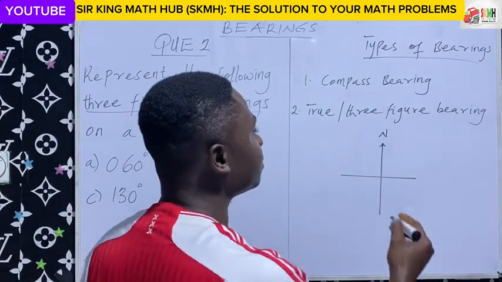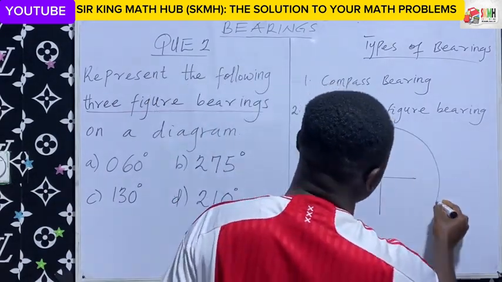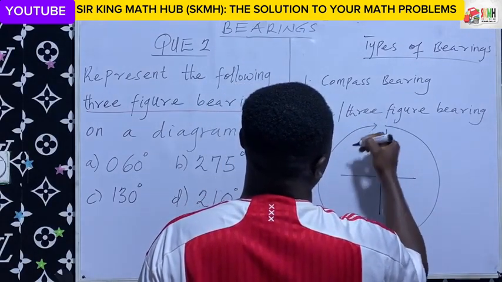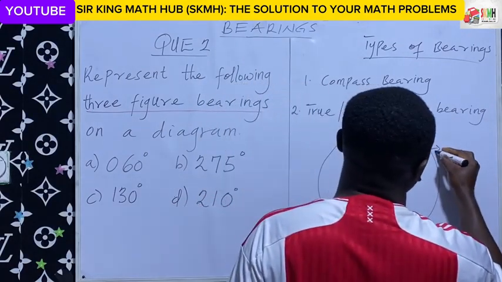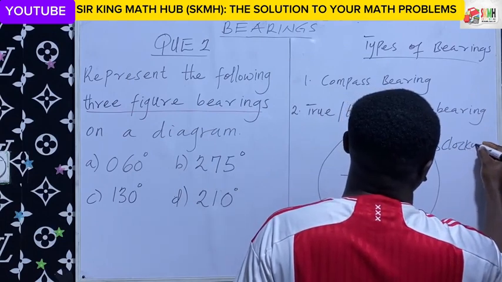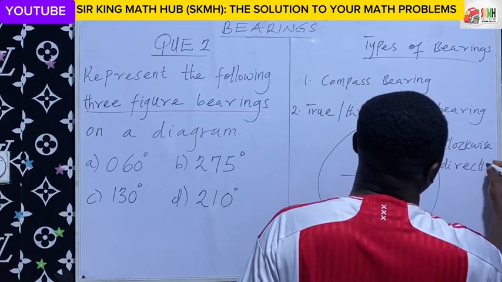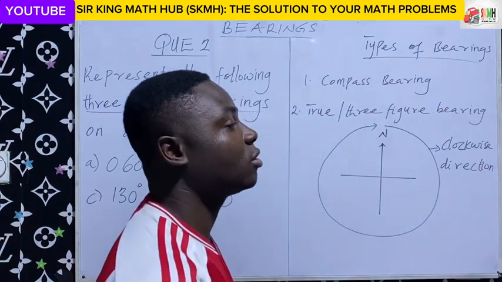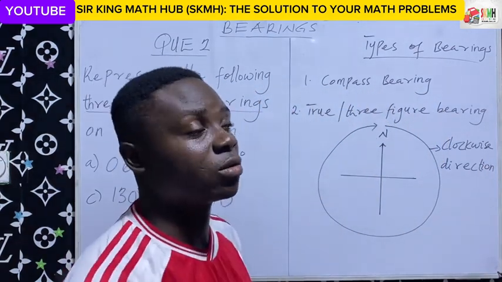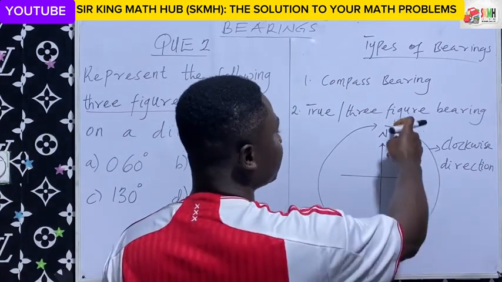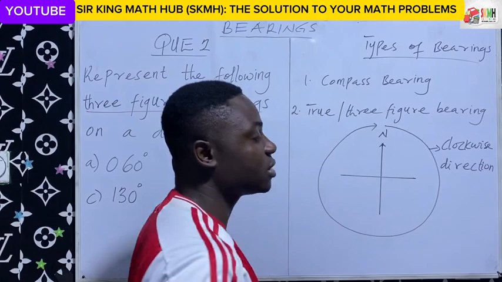In what direction? In the clockwise direction. Clockwise direction here means in the direction of the clock. We know how the hands of the clock move. It moves in this direction. That is why we call it clockwise direction.